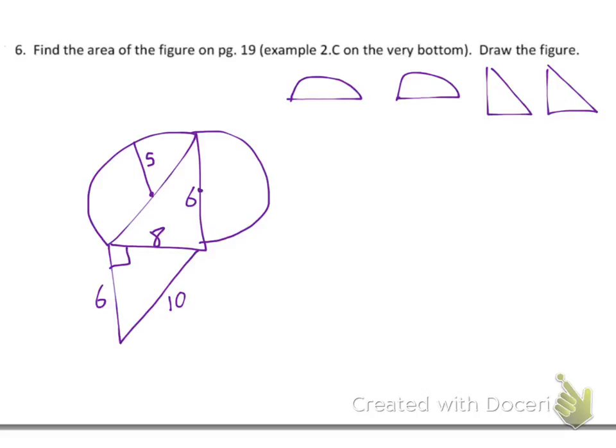Now, each one of these circles, or half circles, have a different radius. What's the radius? One of them is 5. It tells us. What's the other one? It's 3. The dimensions of each one of those triangles. What's the base? Give me a base. 8. Then what's the height? 6.